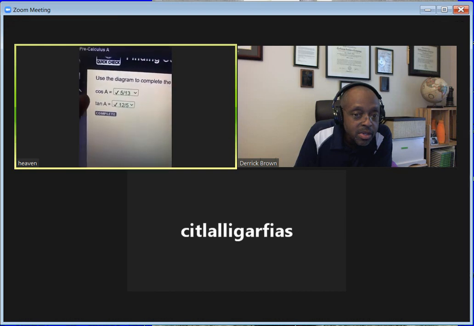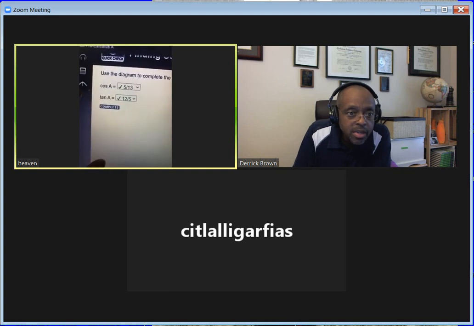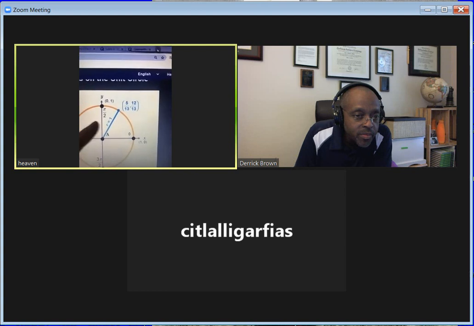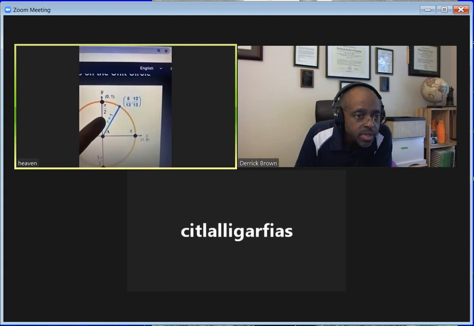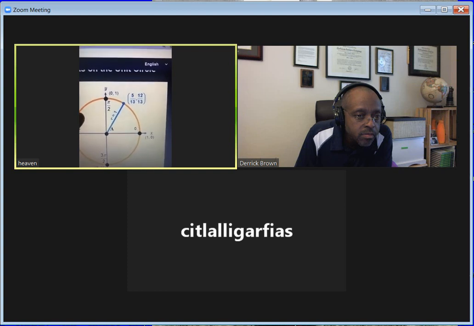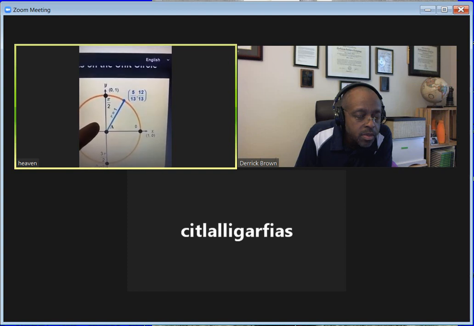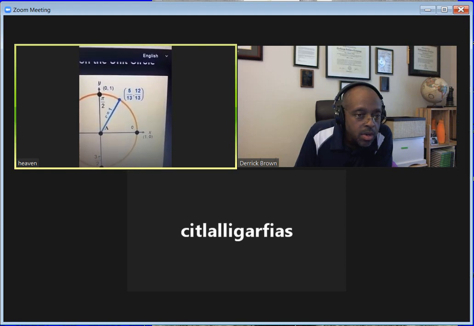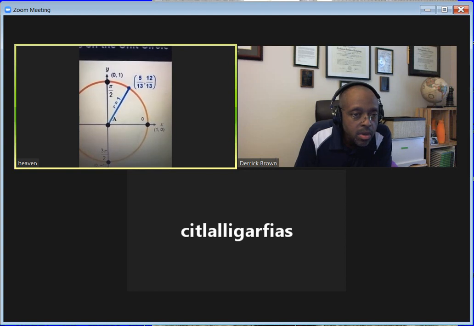It wants me to find the cosine of A and the tangent of A, but they only gave me fractions. How do I know what the adjacent side or the hypotenuse is if they only gave me the fractions?